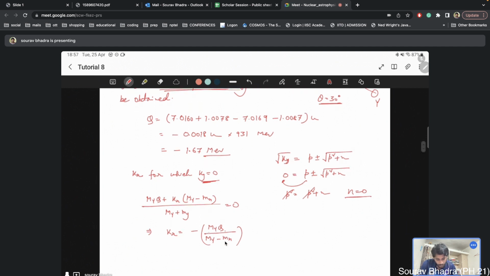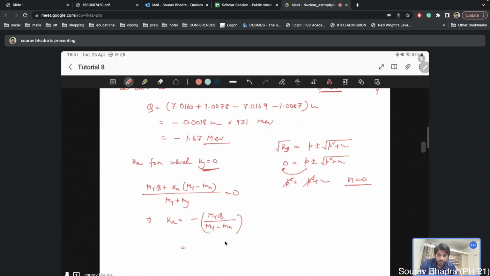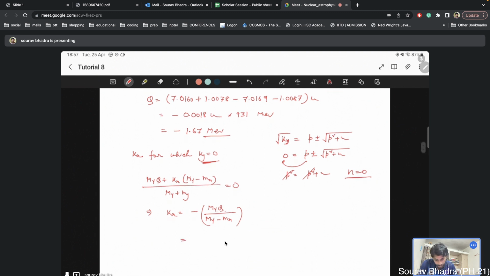Now all these values of my, mx are given, and the Q value is also given, so we can calculate the energy of the projectile for this problem. So my is given as 7.0169 and Q was 1.67.